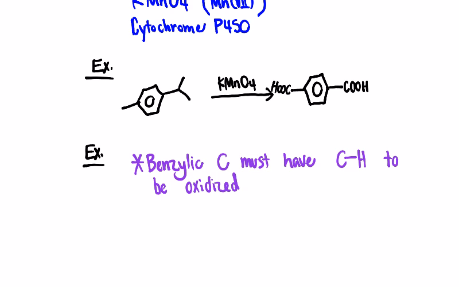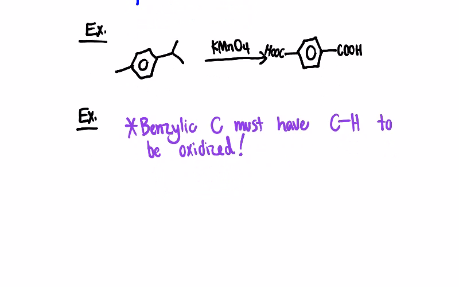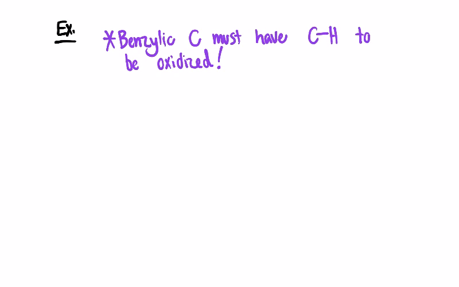If there's no hydrogen directly bonded to that carbon at the benzylic position, meaning if there are no benzylic hydrogens, there can be no oxidation at that position. Because what's happening during the oxidation process is that the carbon-hydrogen bond is breaking in order to create a carbon-oxygen bond of the carboxylic acid.